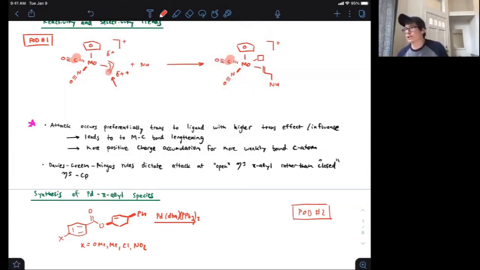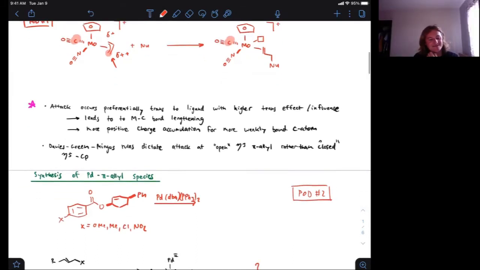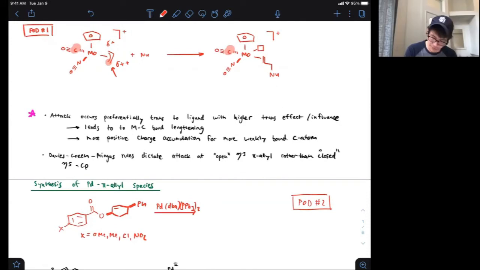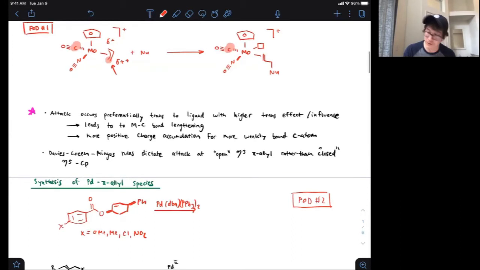It's still a piano stool, but piano stool with four legs, I guess. Yeah. Okay. Thanks, Tanner. That's right. This should be seven coordinate if you count it: three, two, one for the CO, one for the NO, three for the Cp, and two for the allyl, and I guess many molybdenum 2+ complexes are seven coordinate.